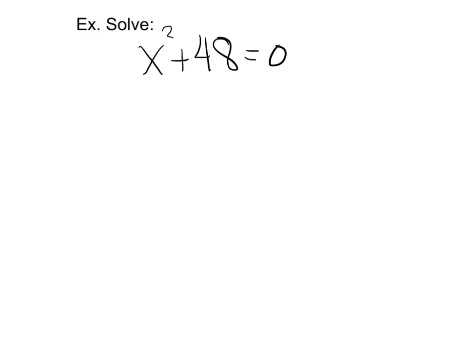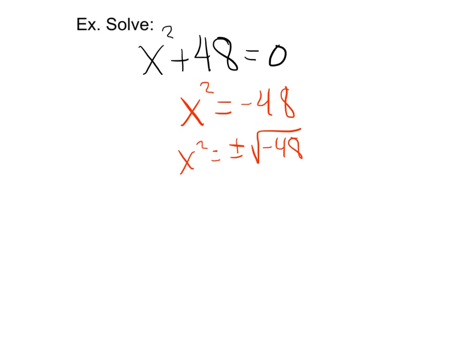Following the previous example, we could try to factor x squared plus 48, since it's not a sum of perfect squares, but it is a sum, and then we can use the square roots. But this might help illustrate another way to find what those two factors can be. I'm going to do this by first moving the 48 over to the other side and taking the square root of both sides. Since I am introducing the square root, I must use plus or minus the square root of negative 48.